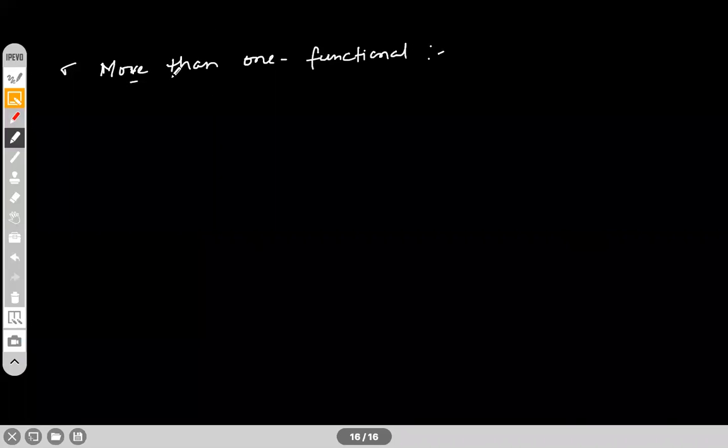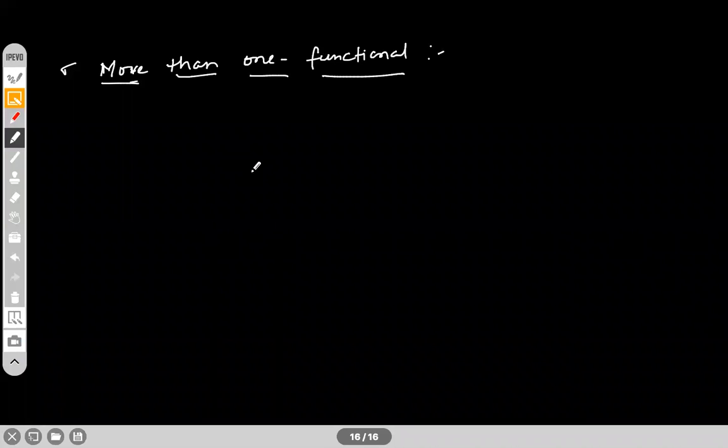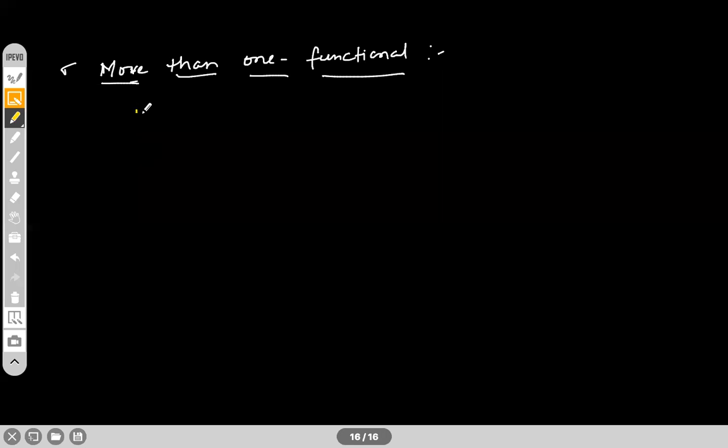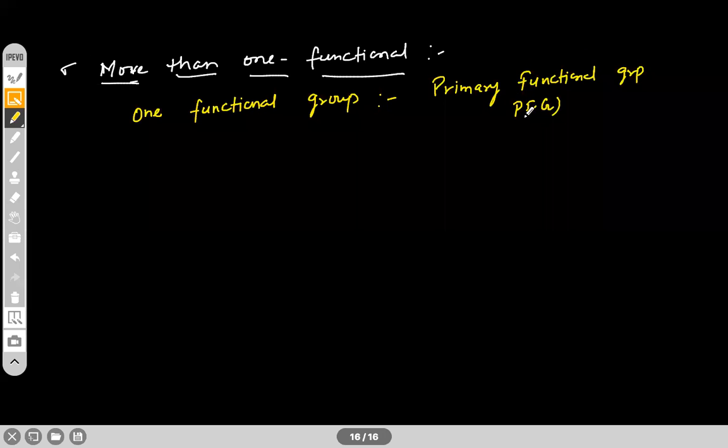If the molecule has more than one functional group, then out of those functional groups, one becomes the primary functional group, which in short we write as PFG.